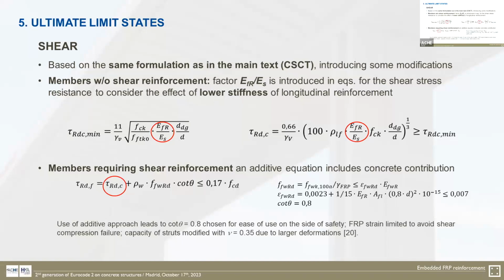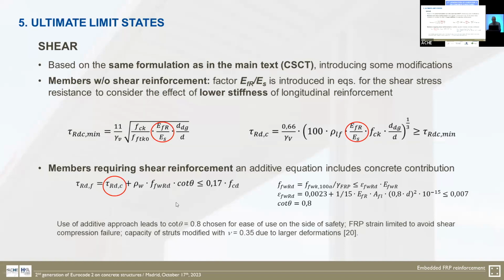You can see these equations that were presented this morning that include this ratio. Members requiring shear reinforcement follow the form of an additive equation, including the concrete contribution for the sake of economy.